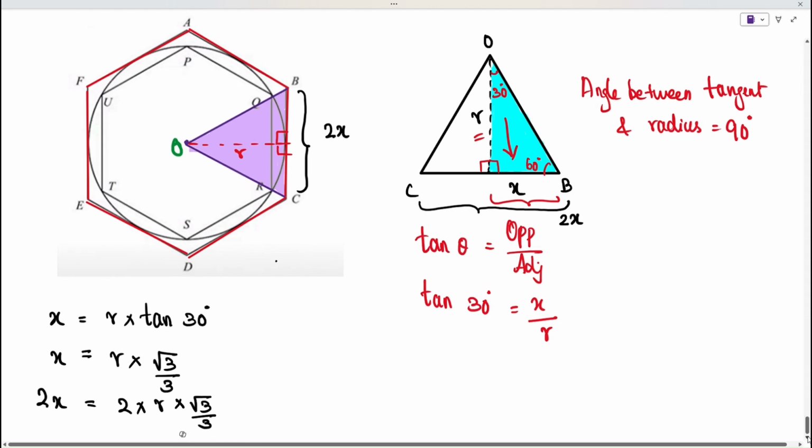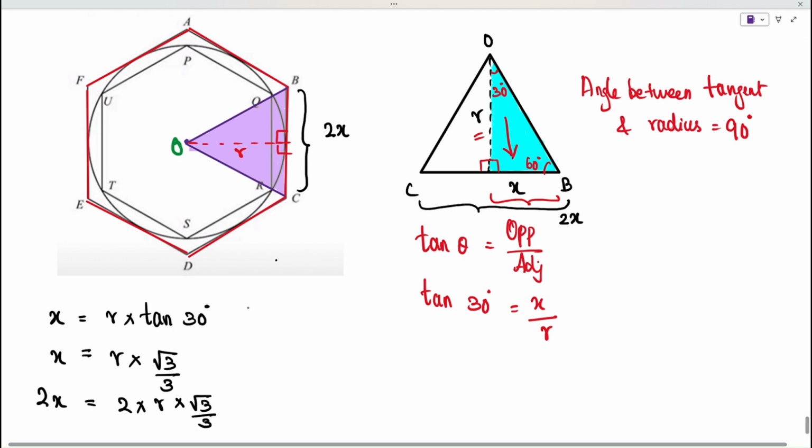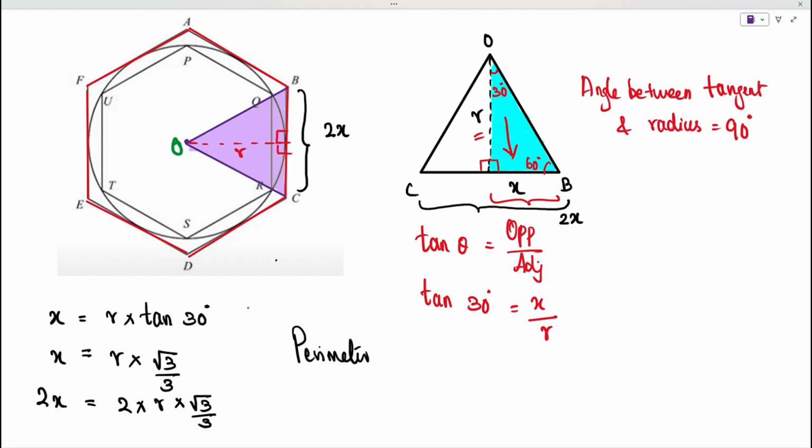Now this is just the length of one side, and now we have to find the length for all 6 sides. So following on to that, we just have to find the perimeter of the larger hexagon, which is equal to 6 times 2 times r times root 3 over 3.